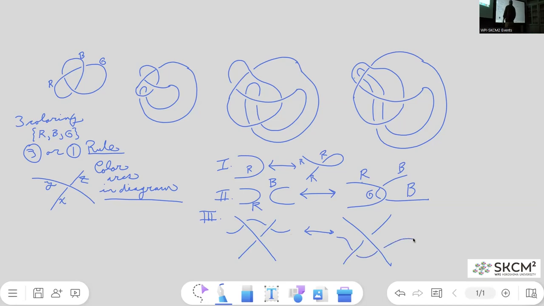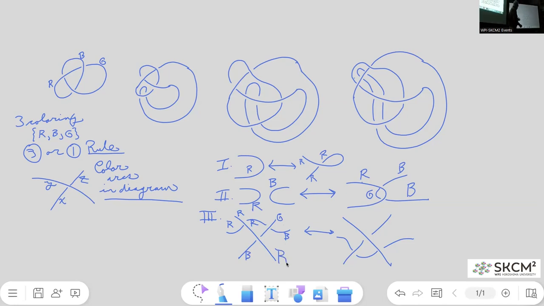And now let's put some colors on this one. Suppose I have red and red, and then this would have to be red, and maybe I have green here, in which case red to green would give me blue, and green to red will give me blue, and red is down here, like that.